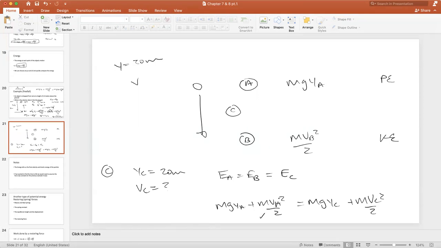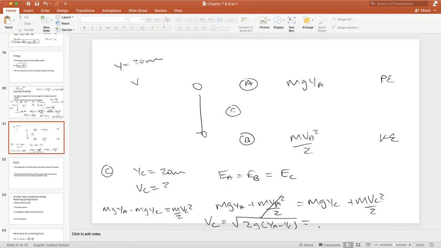So we already know that this initially was 0. We can make that go away. So what we get if we move this over is mgya minus mgyc is equal to m over 2 vc squared. All the m's cancel, throw a 2 over there, do a little algebra magic, and what you get is 2g times (ya minus yc).